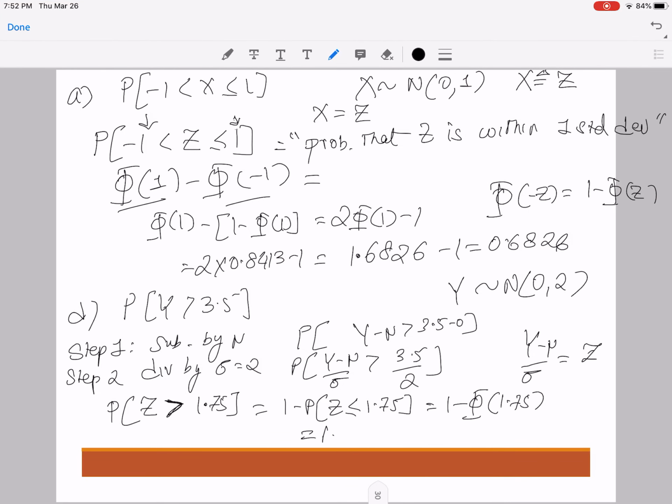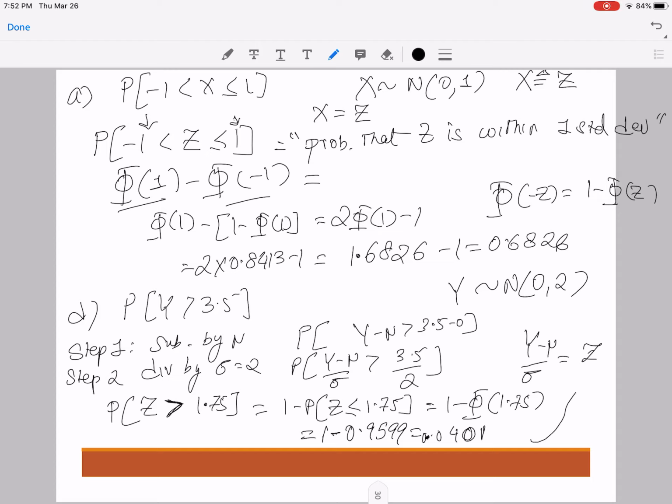So I need to evaluate 1 minus 0.9599. So the value is 0.0401. That's the probability, a 4% chance. And it is quite obvious, isn't it?